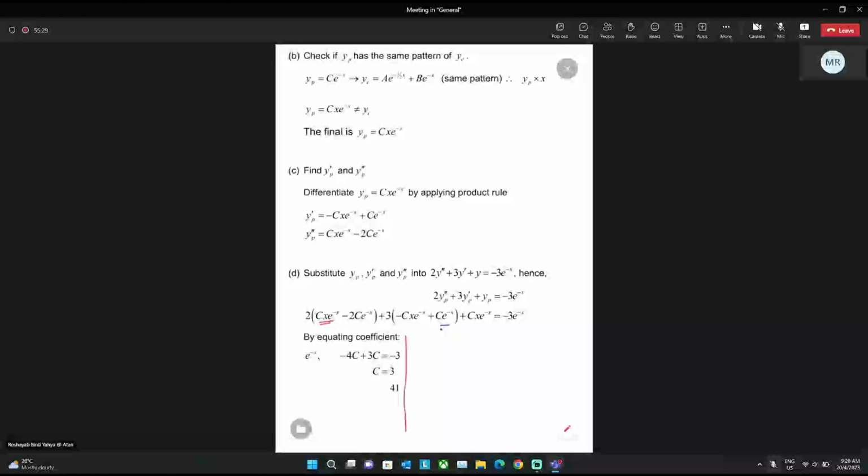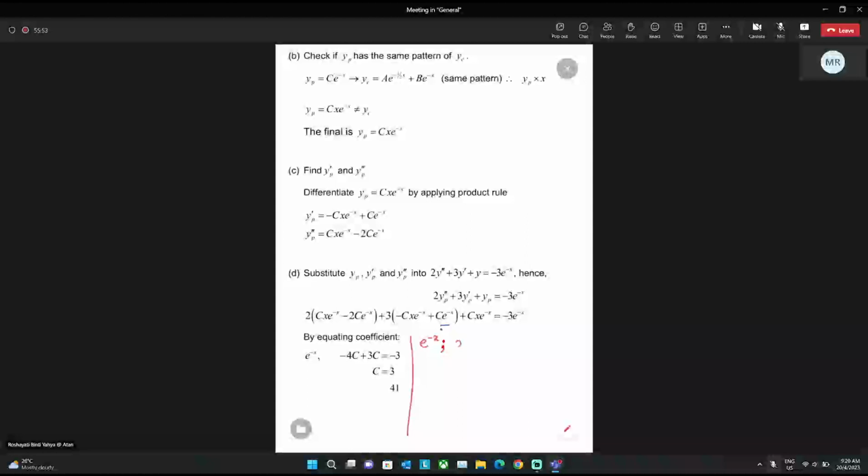So you can go for equating coefficient x exponential negative x. Ataupun otherwise you can use like this. Exponential x pun just fine. Masih boleh. Okay, so your maths ni sebenarnya banyak jalan yang you boleh try ataupun you boleh buat.